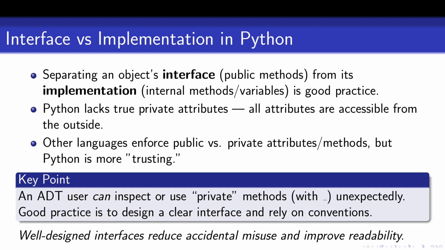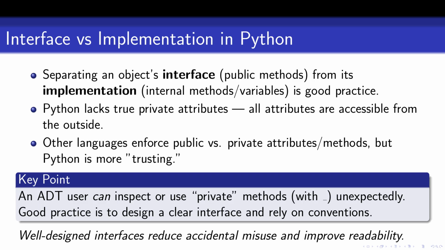One of the cornerstones of object-oriented programming is the separation of interface from implementation. The interface is the set of public methods and attributes you design for users to interact with. The implementation includes everything under the hood: how those methods actually work, internal logic, helper methods, and private data. Python doesn't enforce strict privacy like some other languages, but it relies on convention.